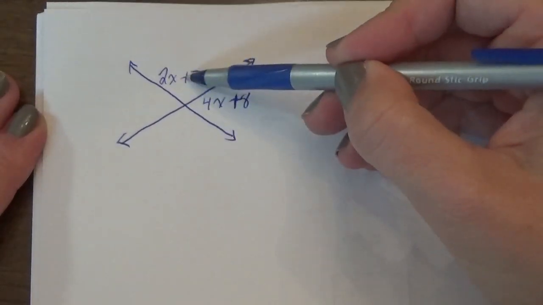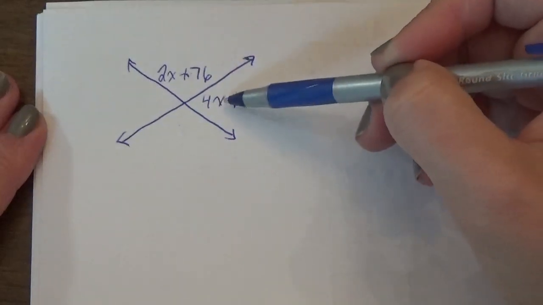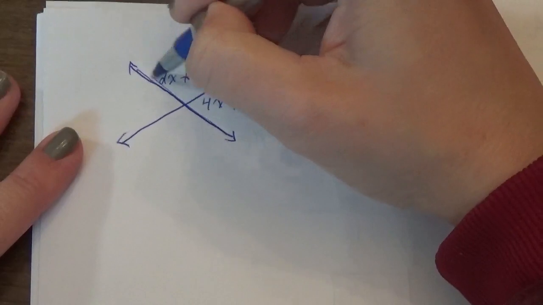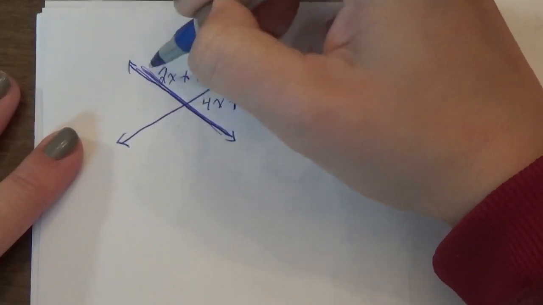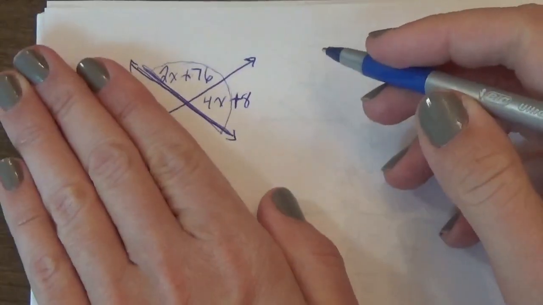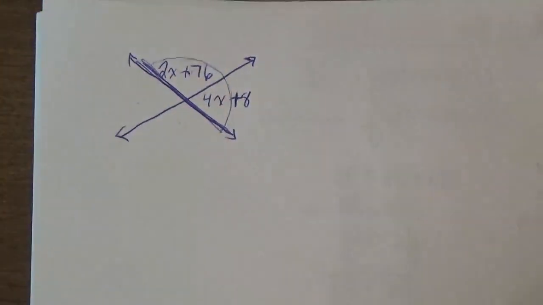So if I gave you this top angle and this bottom one, that would be vertical. Or if I gave you this one and this one. But look, these two are next to each other on a straight line. Here's your supplementary. It's almost like you could take this part off, right? There's your straight line, 180.